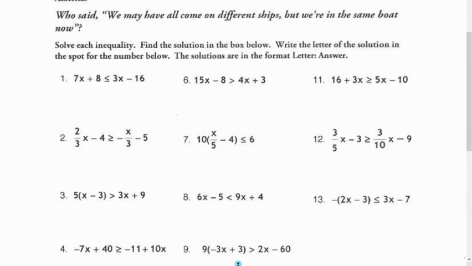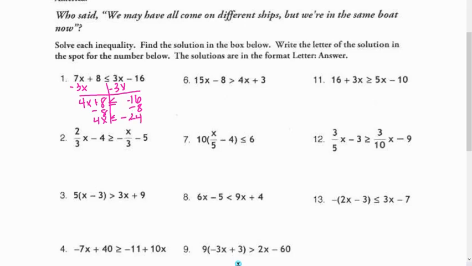Okay, so remember you kind of treat it like an equals at first, and you would draw your line straight down. So I'm going to subtract 3x from both sides. And then I'm going to subtract 8 from both sides. $24.